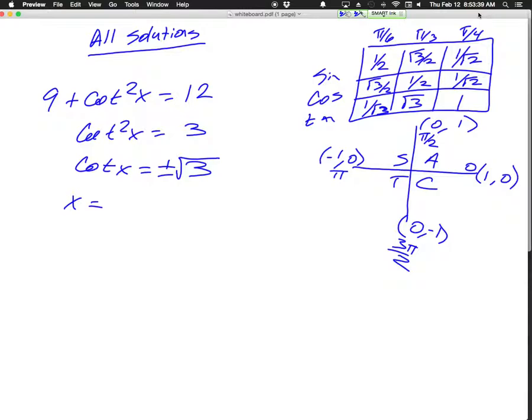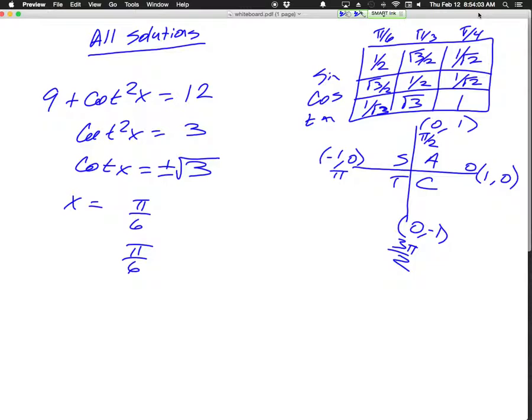Now, tangent and cotangent take half of the answers that sine, cosine, secant, and cosecant do. Normally when you see plus or minus, how many answers would you get? You would get 4. But tangent and cotangent only require half of those. So I only need 2. So we've got pi over 6 and pi over 6.